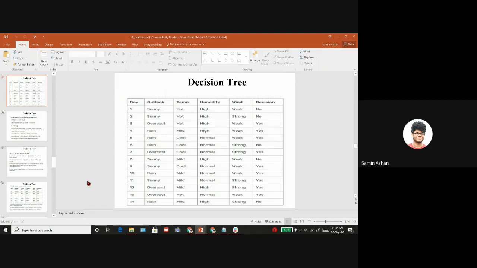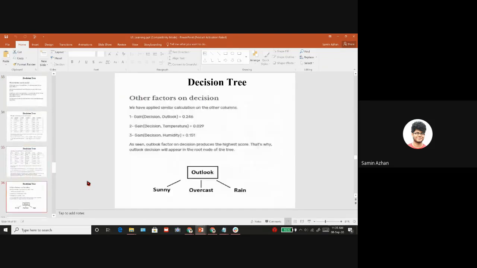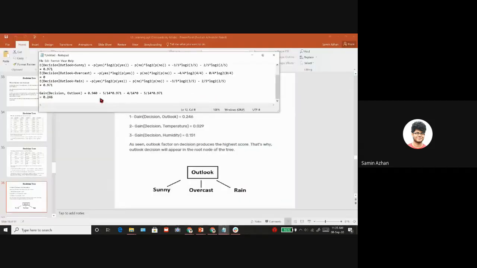So we calculated the gain for decision, comma outlook. Let's check the slide if we got it right. So the gain of decision, comma outlook, 0.246 seems to be correct.